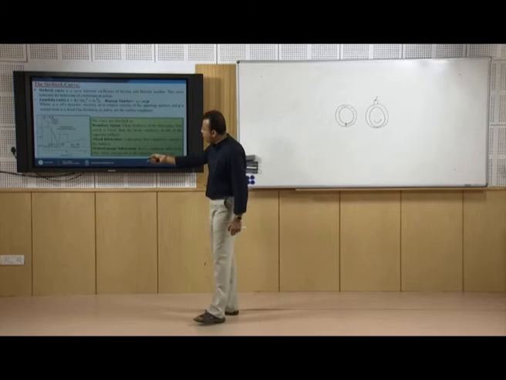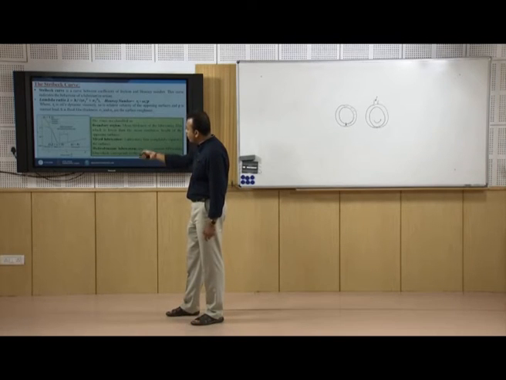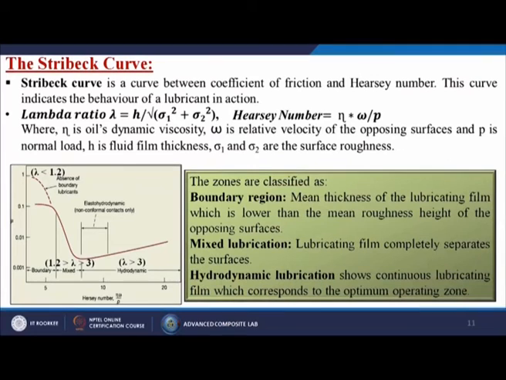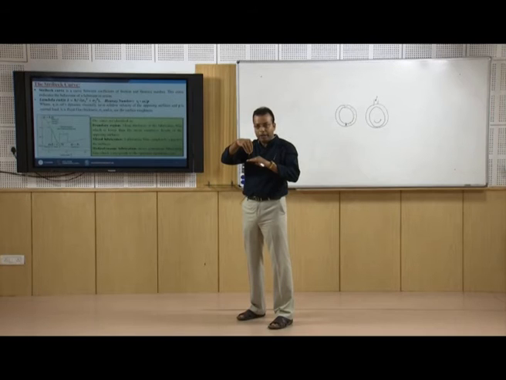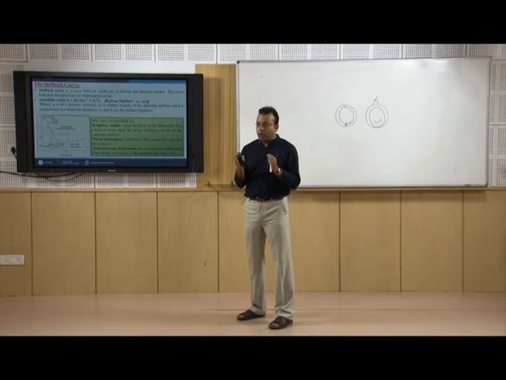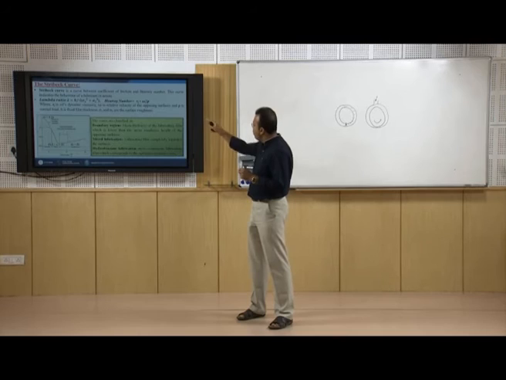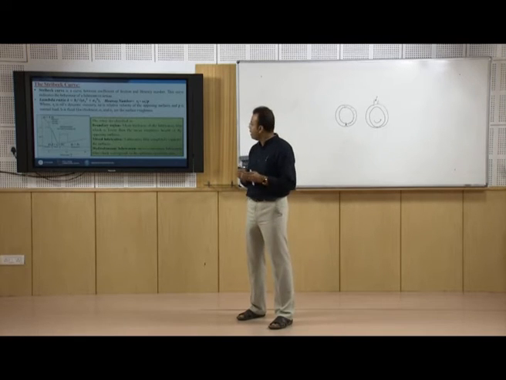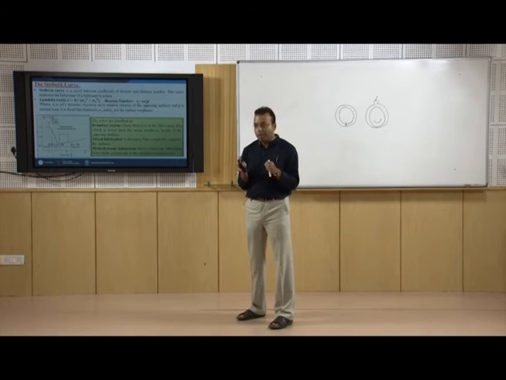From this graph we can understand that the y axis denotes the coefficient of friction between two mating parts and the x axis gives the Hersey number, which is eta times omega divided by P. Here eta is the oil dynamic viscosity, P is the total normal load acting on the surface, and omega is the relative velocity of the opposing surfaces between the two mating parts.